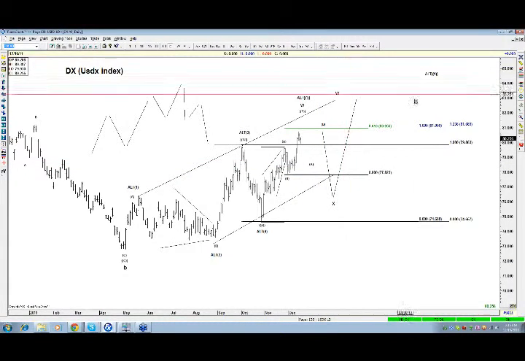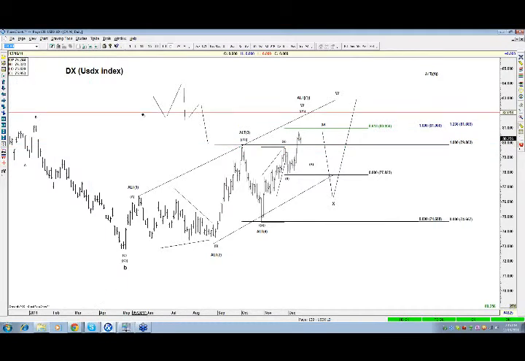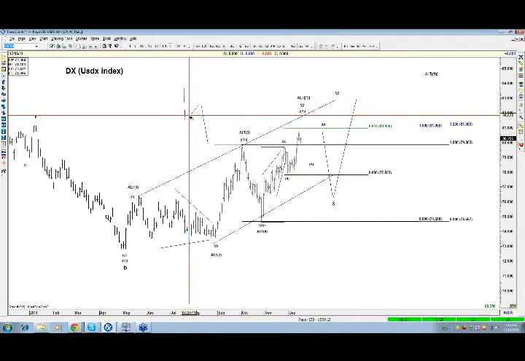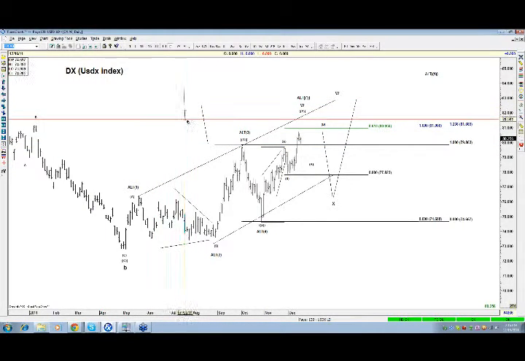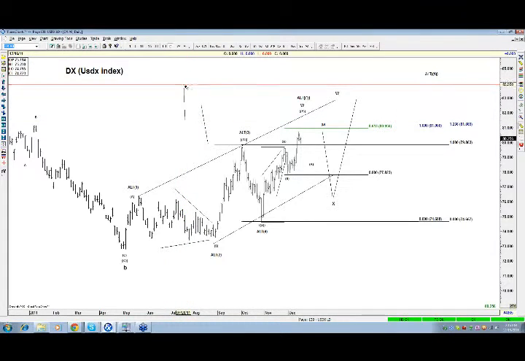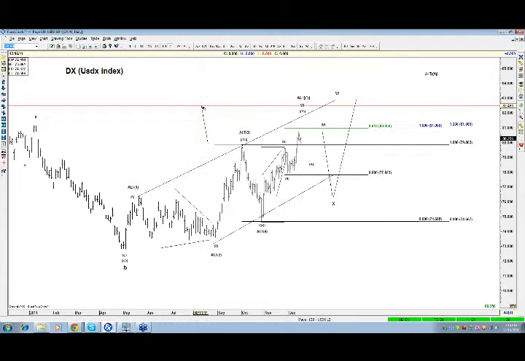I don't know if some of you guys favor that scenario. I personally don't. I would go either with the double zigzag or the leading diagonal. Now, both of them, I don't know if you guys agree, I would like to hear opinions. Both of them are calling for a recovery.